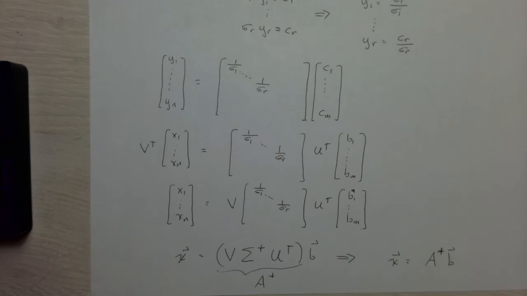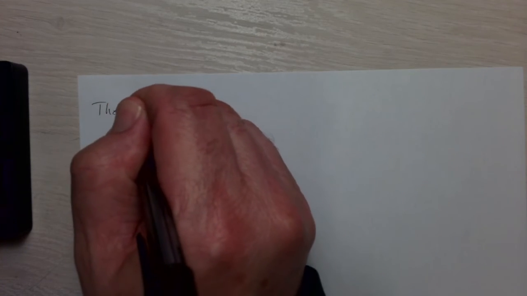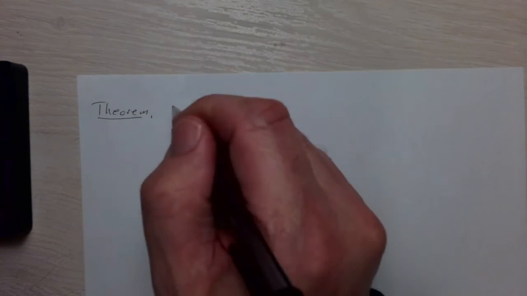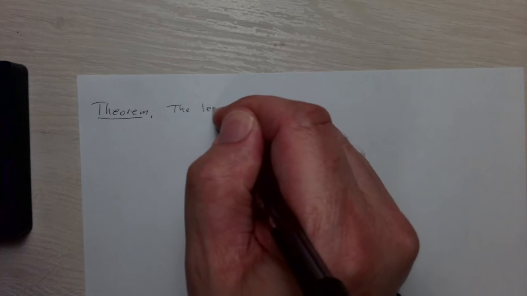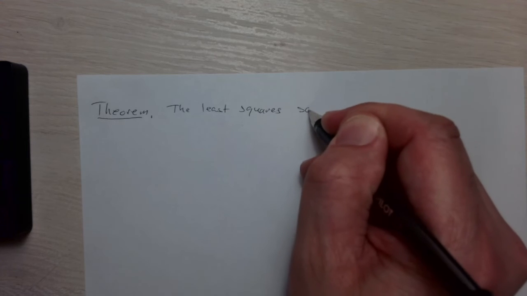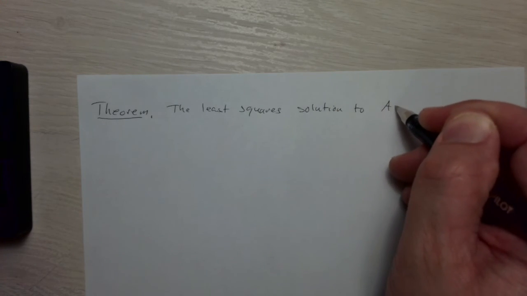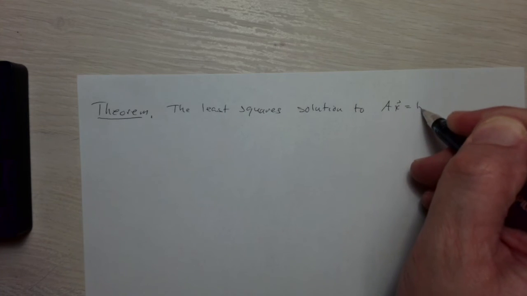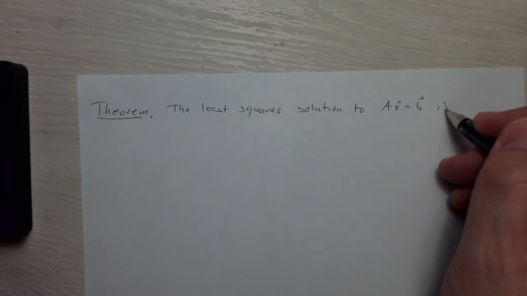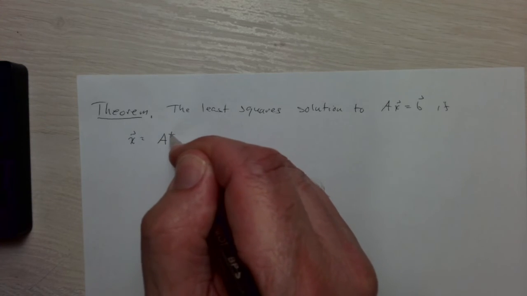All right. So that gives us the main result here: the least squares solution to Ax equals b is x equals A plus times b.